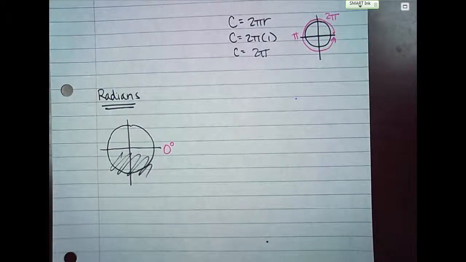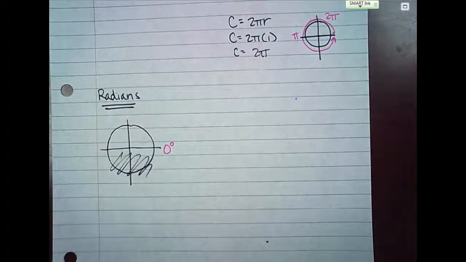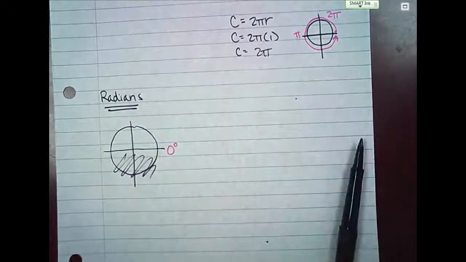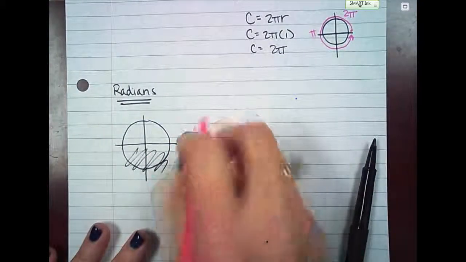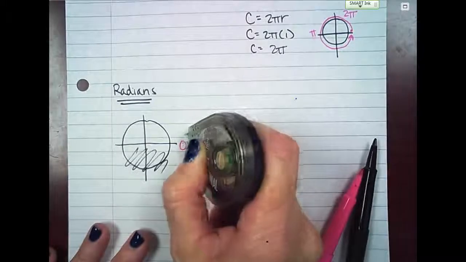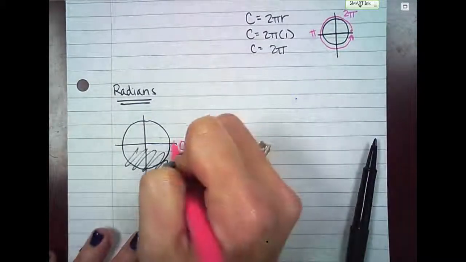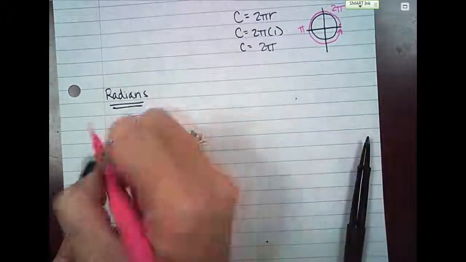If all the way around is from 0 to 2 pi radians, I wrote a degree, I should have not, we're done with degrees. 0 to 2 pi. Halfway around, I'm going to travel just from here to here. How far would that be? Pi.